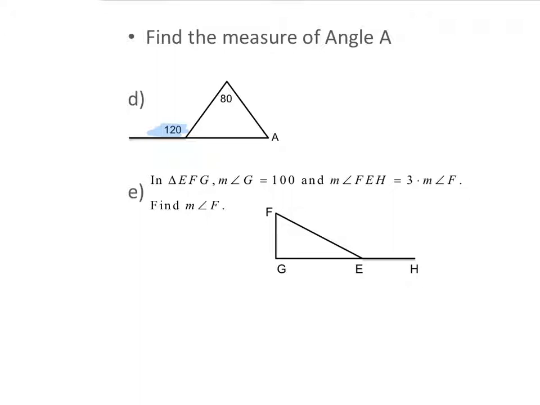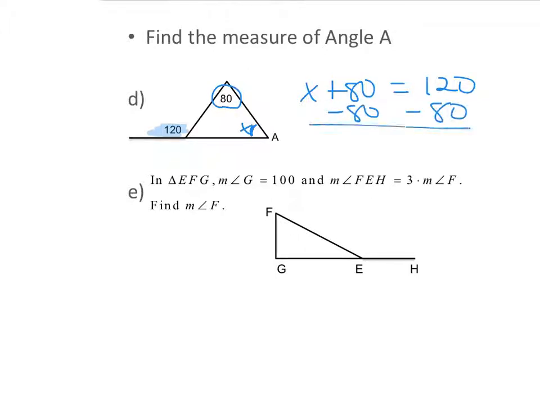Sum of the measures of two interior. Good. So it's this angle plus this one. So if I put an x here, so x plus 80 equals 120. I could subtract 80. And x, or angle A, is 40 degrees.